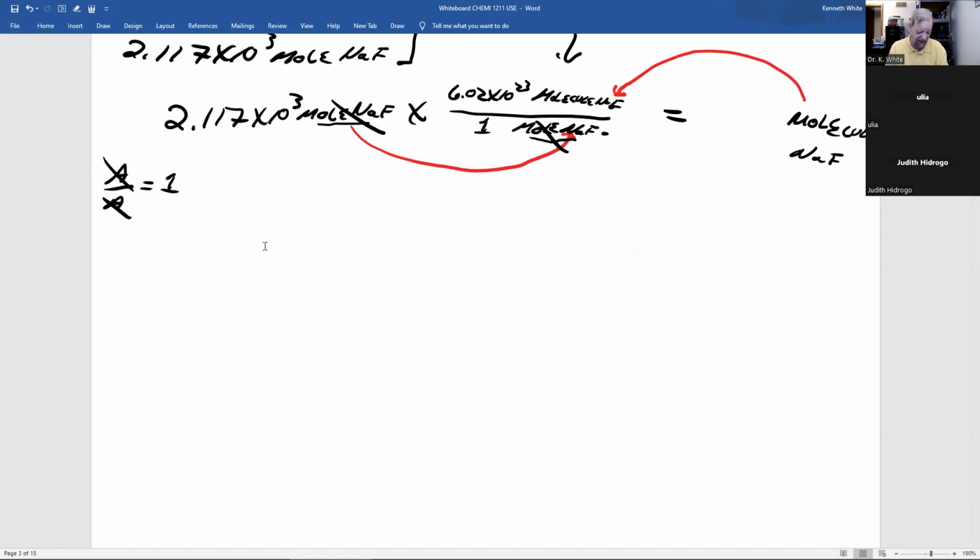I'll clear it. 2.117 EE 10 to the third, times 6.02 EE 10 to the 23rd, divided by 1, is going to be that, so I don't have to divide by 1.